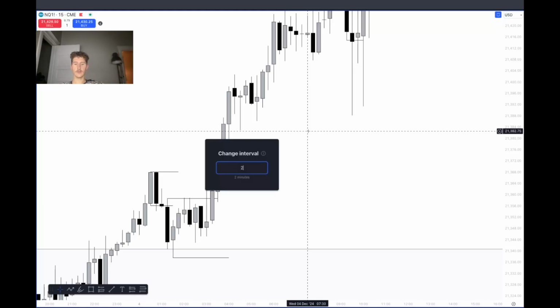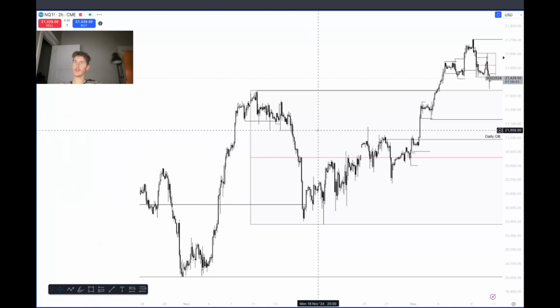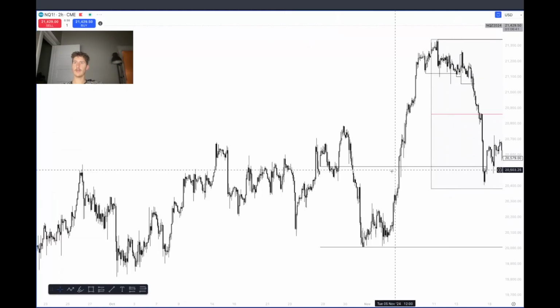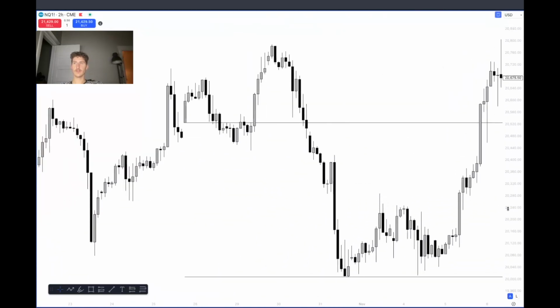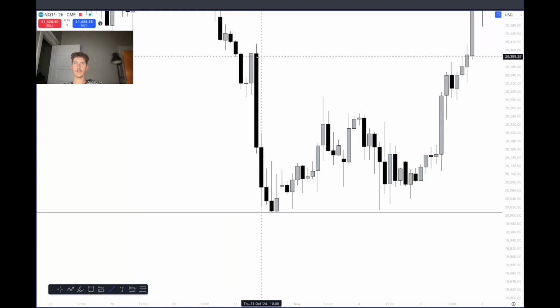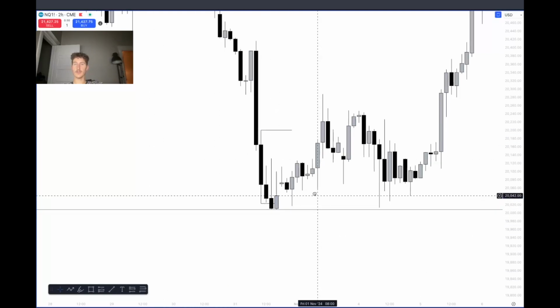Okay, and let's go to the 2 hour just so you can be certain, absolutely certain, that it is the same on all time frames. Here's a great example. Right here, we have this big bearish candle bring us all the way down. Before closing above it, we end up going lower with body closure to the downside. Before closing above this, we end up going down just a tad more with body closure to the downside.